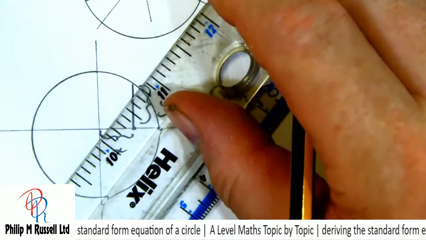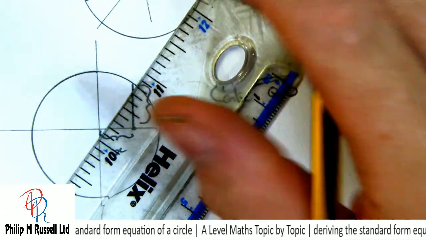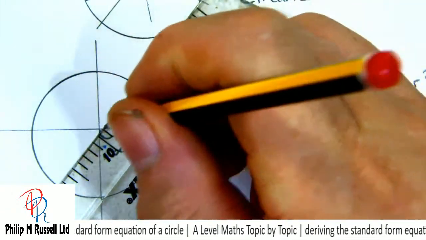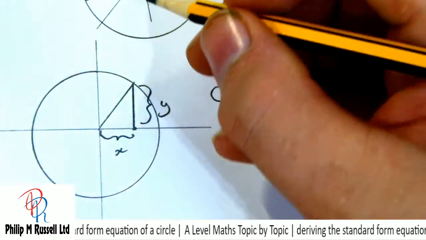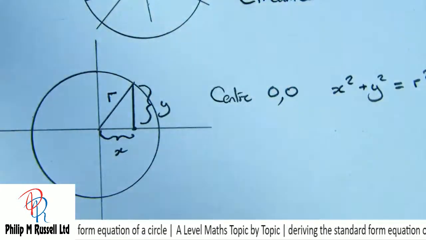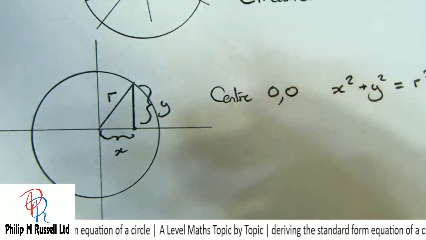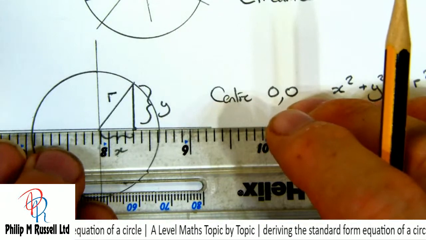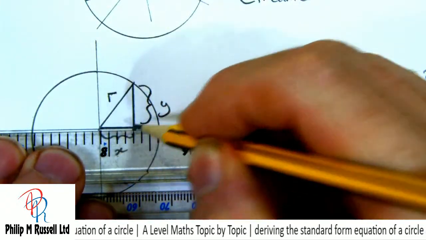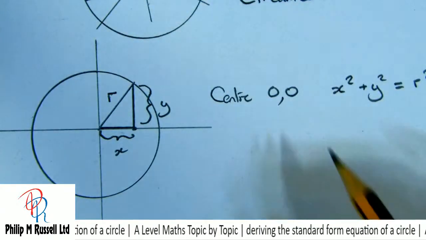And if I draw up here the line between those two, this will be the radius. So this is simply Pythagoras, and very easy it is to do as well.